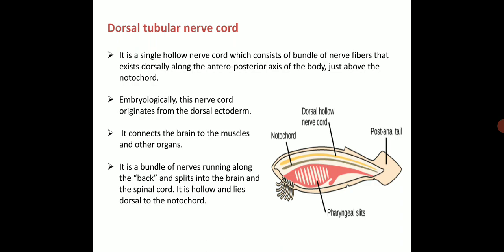This nerve cord connects the brain to the muscles and also to the other organs. It is a bundle of nerves running along the back and splits into the brain and the spinal cord. It is hollow and lies dorsal to the notochord. The presence of a dorsal tubular nerve cord is the second fundamental character of the chordate.